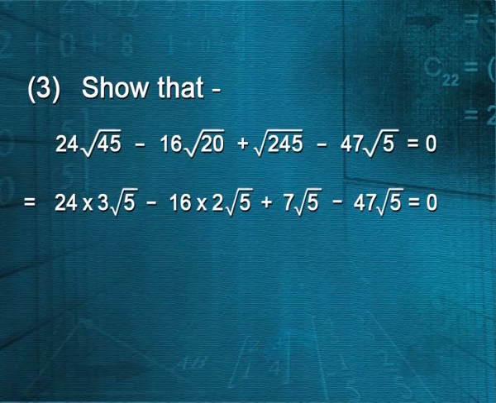Now, in all the surds, you find the irrational factor is common, and that irrational factor is root 5.